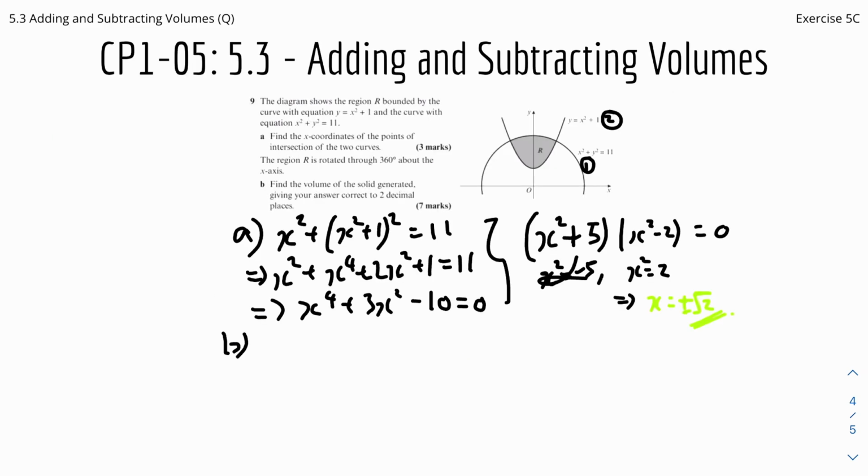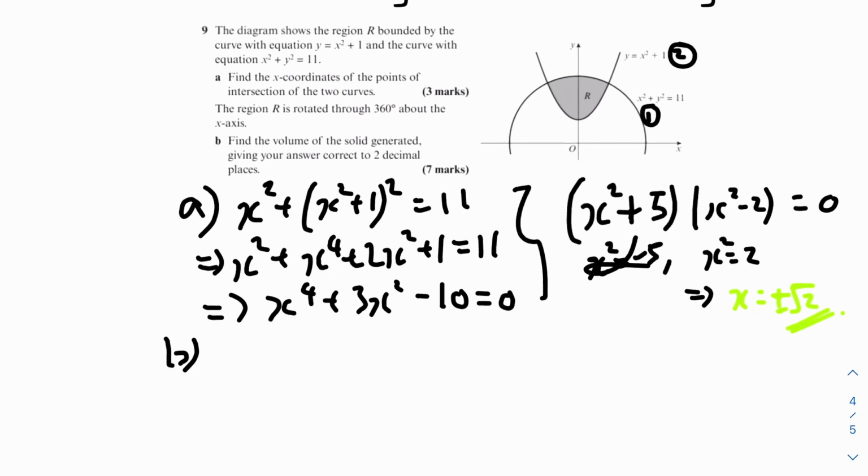The volume under curve 1: since it's rotated around the x-axis, we set y squared as the subject. So it's equal to pi times the integral of y squared, which is 11 minus x squared, dx, from x equals 0 to x equals root 2.